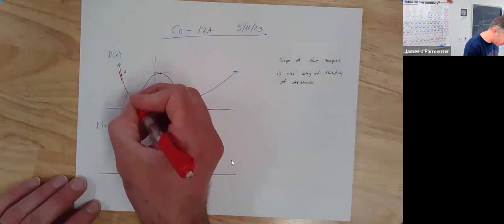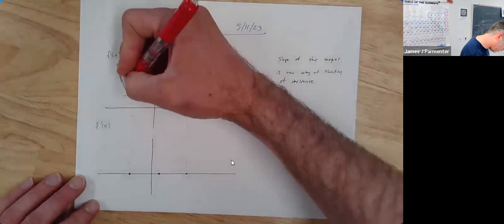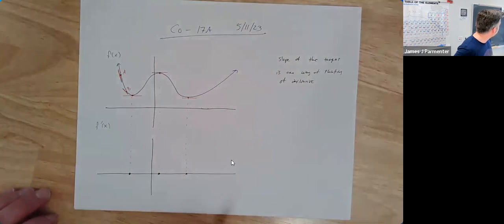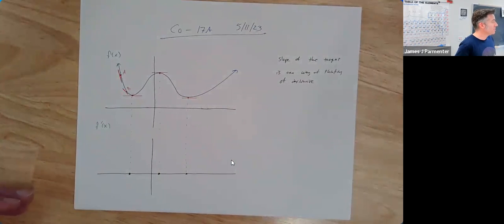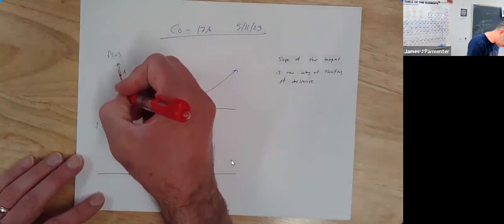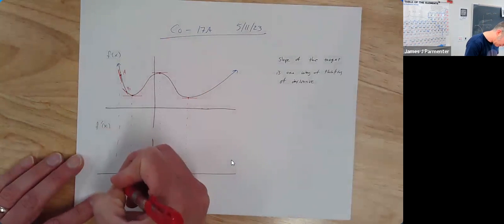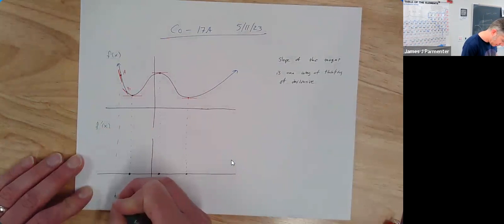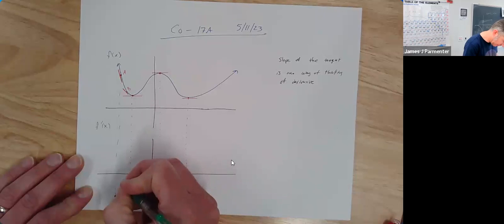Whereas if you move a little bit to the right, at B here, that tangent line still has a negative slope, but it is less steep. So it's a less negative value. So if we draw corresponding points down here, at A, it's going to be fairly negative. And at B, it's going to be less negative.